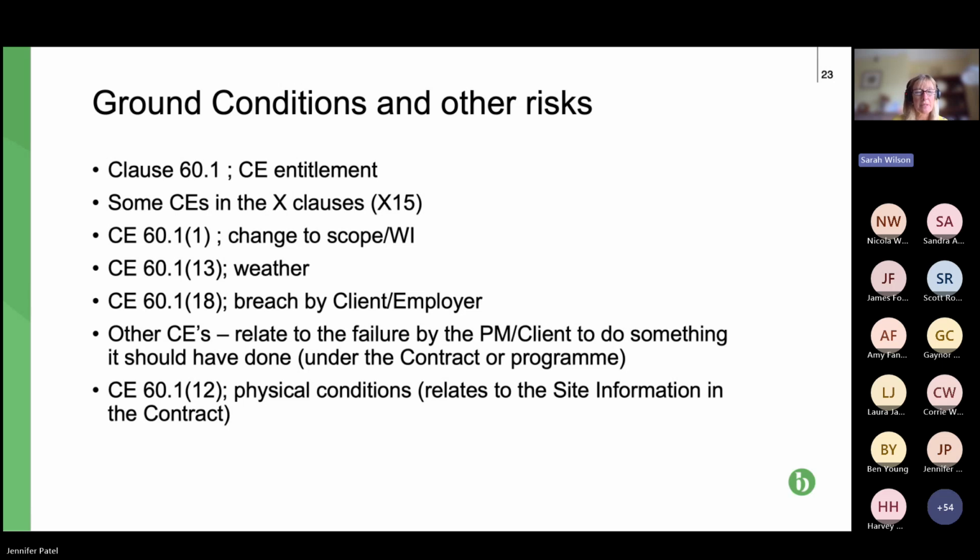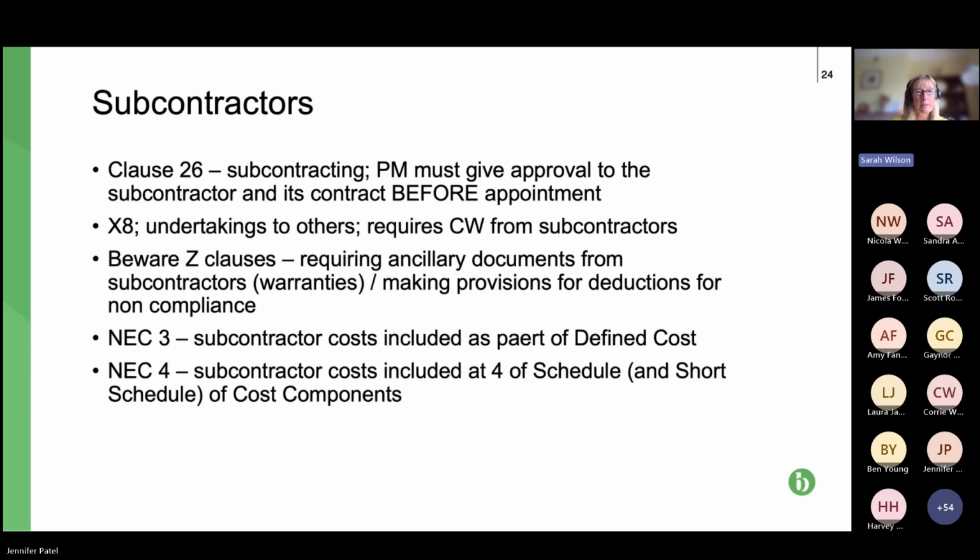So if we can move on to the next slide, please. Okay, so clause 26 deals with subcontracting. This is core clause 2 of the engineering and construction contract. How it works is a little bit odd, but clause 2 then becomes clause 20, 21, 22, 23. It sounds really confusing. If you look at the contract, it immediately becomes apparent how it's numbered.